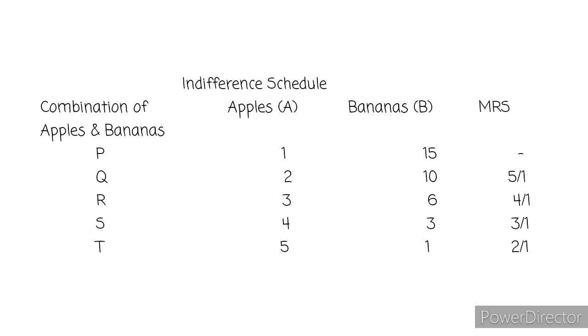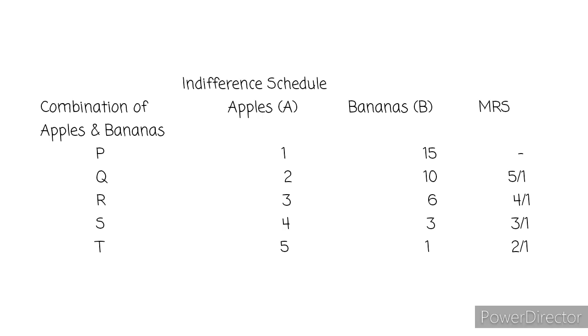So the MRS is 3 upon 1. And then from S to T bundle, the apples we are gaining is again 1, from 4 to 5. And then bananas we are sacrificing are only 2 units. So MRS is 2 upon 1.